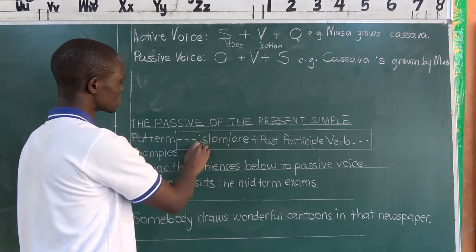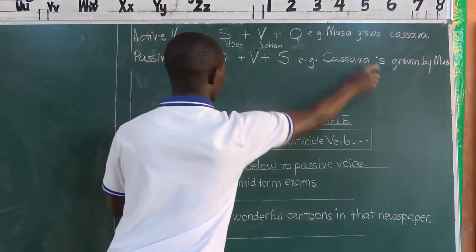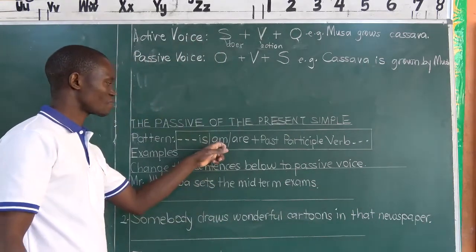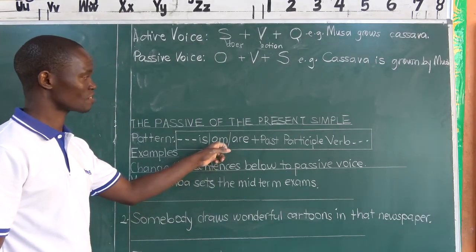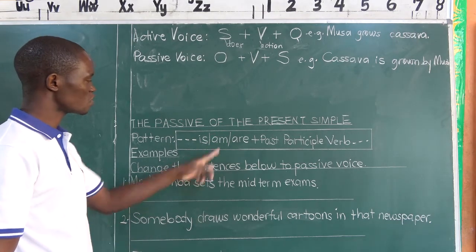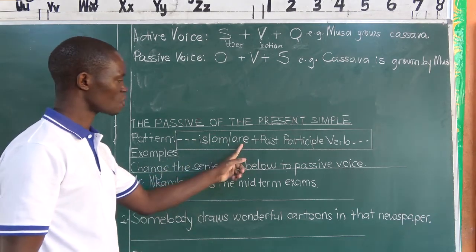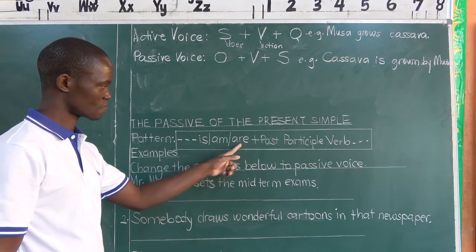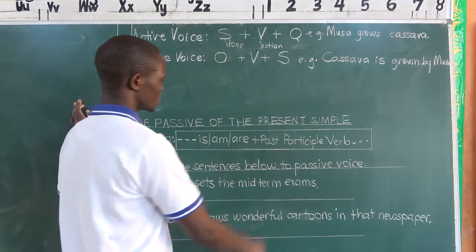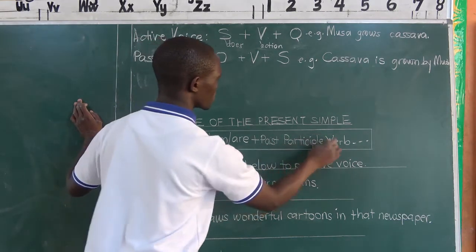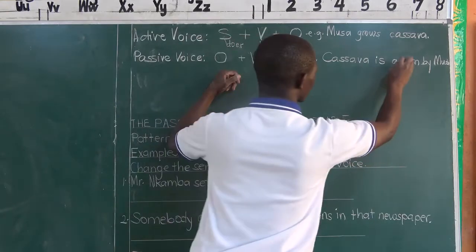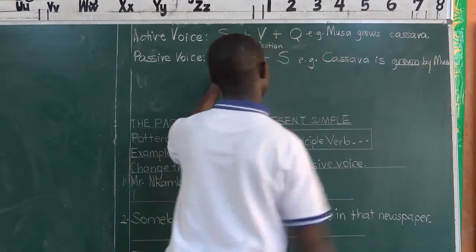If you don't use is, you can use am or are, depending on the object in your sentence. Next, add a past participle verb. In this case, our past participle verb is grown.